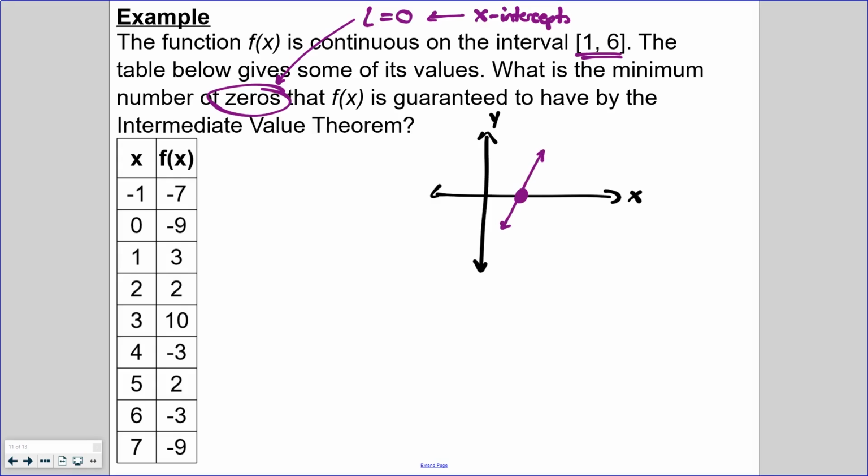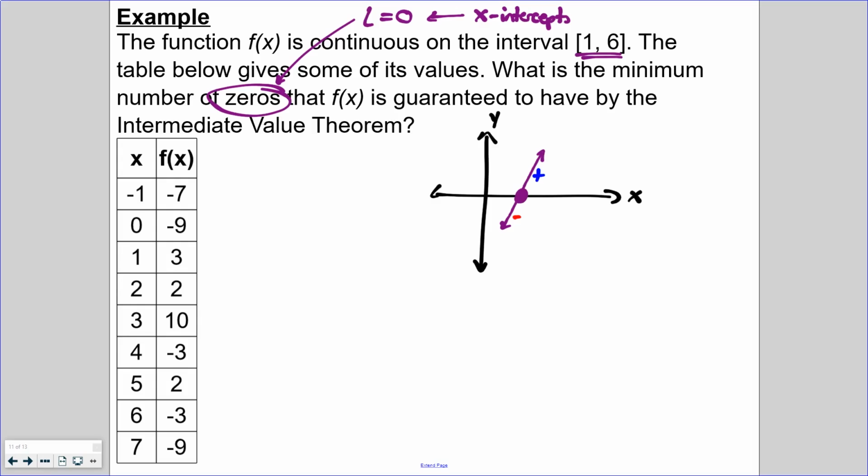Which means, in this particular case, before we get to the x-axis, our y values are going to be negative. And then after we cross the x-axis, the y values are going to be positive. So it appears as though we have an x-intercept when our y values change from being negative to positive.